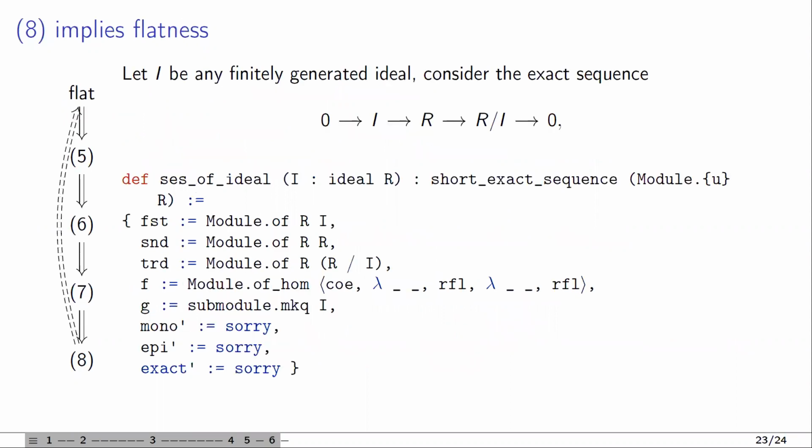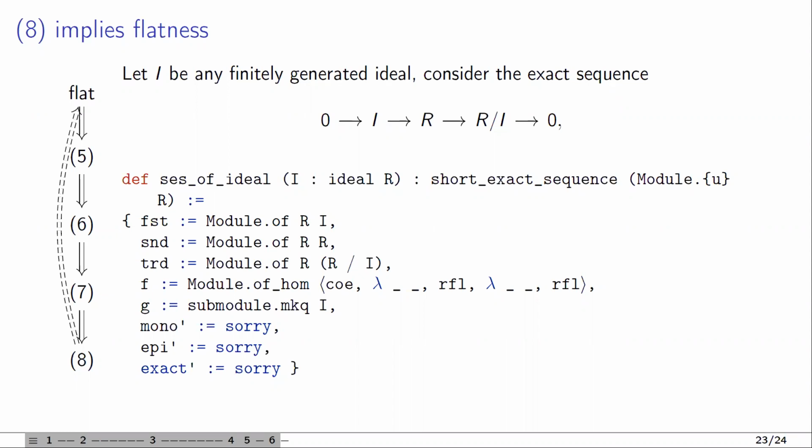And so now we have that flat implies 5, implies 6, implies 7, implies 8, and 5 to 6 to 7 to 8 are all trivial. It's just a specialization. So we finally just need to prove that 8 implies flat. Here we're using flat in the sense of the ideal criterion.